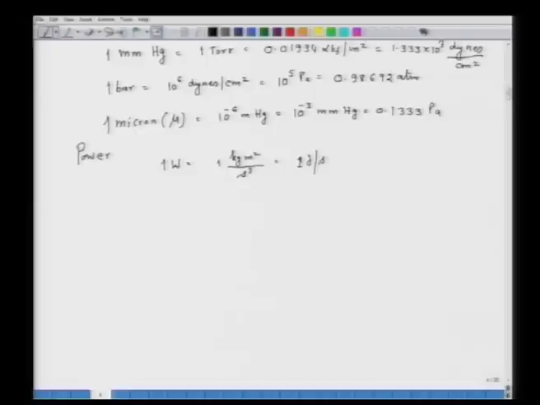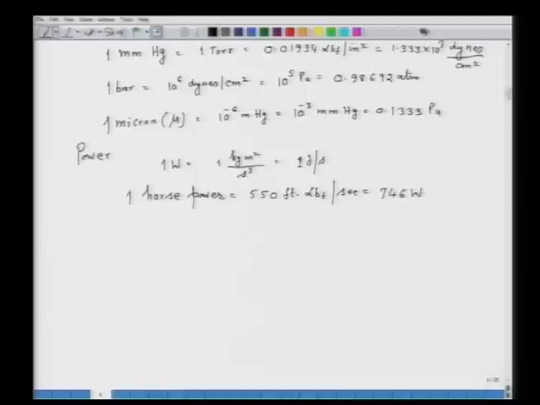Also it is expressed many times as 1 horsepower. 1 horsepower is equal to 550 feet pound force per second, that is equal to 746 watt.